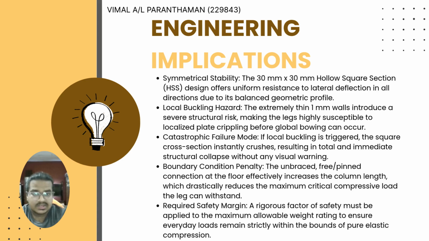If the local buckling is triggered, the square cross-section instantly crushes, resulting in total and immediate structural collapse without any visual warning. The unbraced free pin connection at the floor effectively increases the column length, which drastically reduces the maximum critical compressive load the leg can withstand.